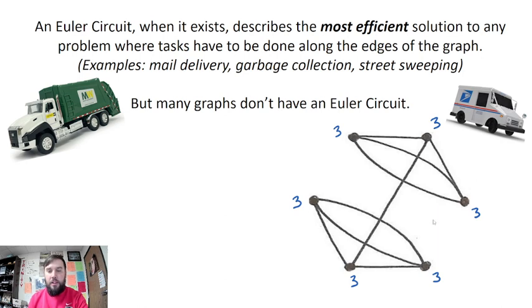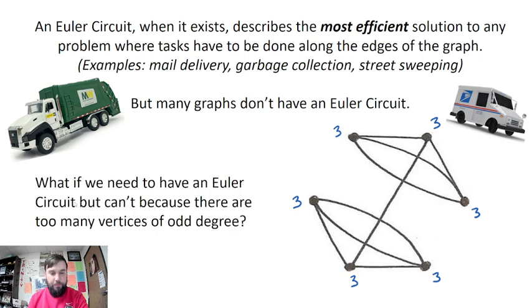So now the question becomes, what would be the most efficient way to go down every street, backtracking the least amount of times, where I would have an Euler circuit.